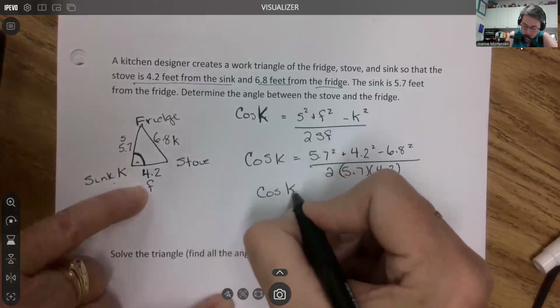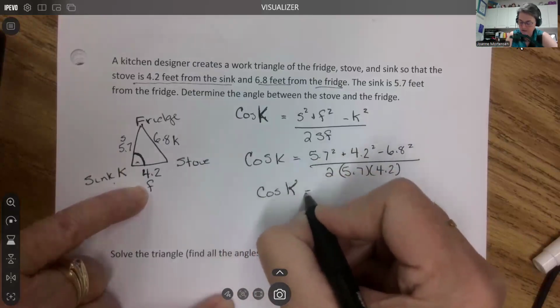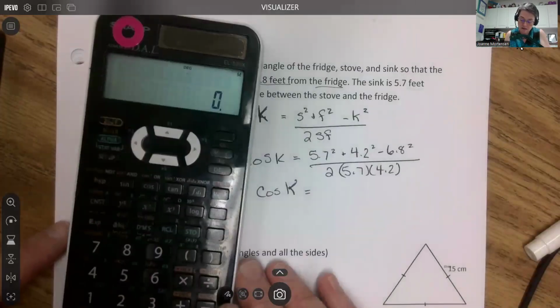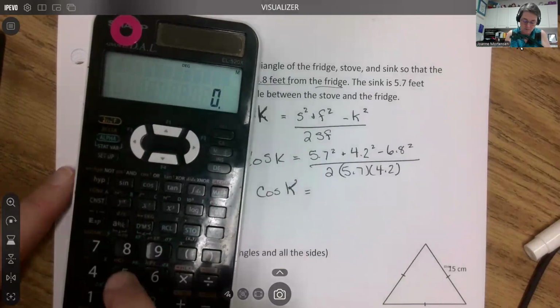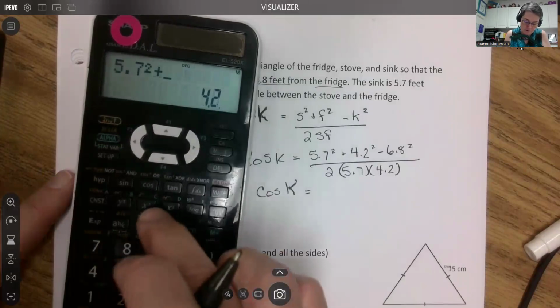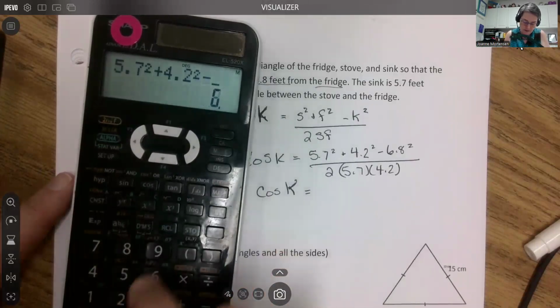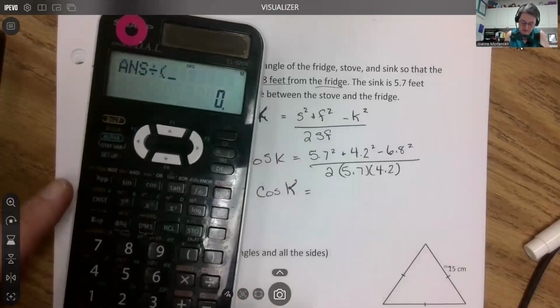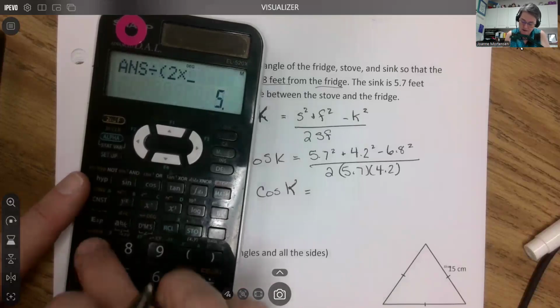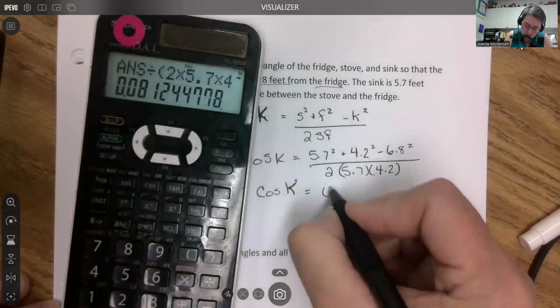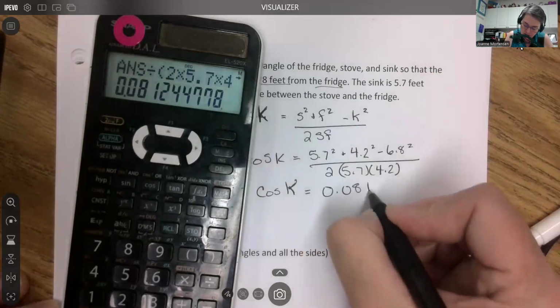So cos k is equal to, okay, let's see how the magic is working now. 5.7 x squared plus 4.2 x squared minus 6.8 x squared equals, divide by, bracket 2 times 5.7 times 4.2, close my brackets, hit the equals button, 0.0812.